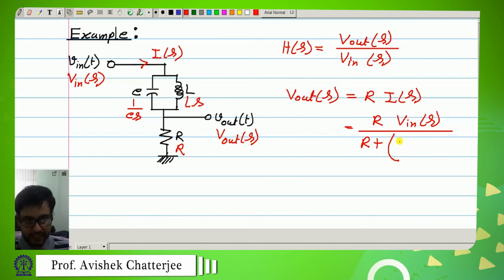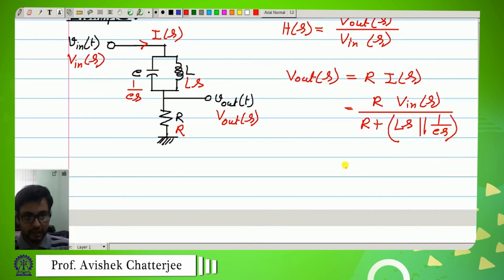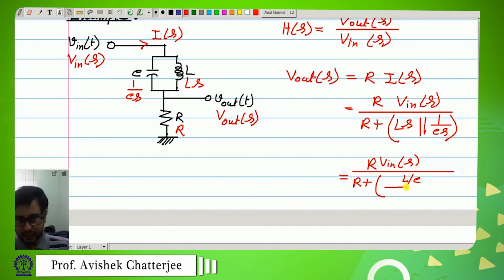So R plus Ls parallel 1 by Cs. So that is equal to R V in S divided by R plus the product of these two, that is L by C, divided by the sum of these two, Ls plus 1 by Cs.